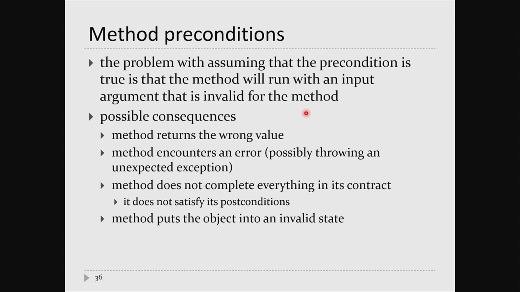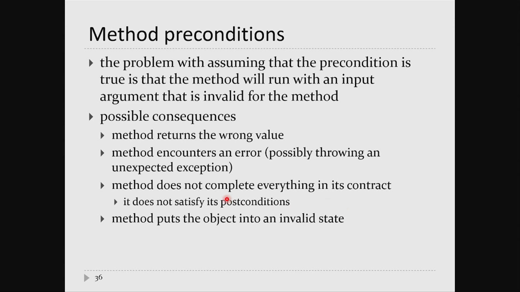It's going to run for some input that the method can't handle. So what can happen if you do this? Well, basically anything can happen. The method might return the wrong value. Some sort of error might occur. The method might end up throwing an exception that wasn't documented. The method might not be able to do everything it says it can do.